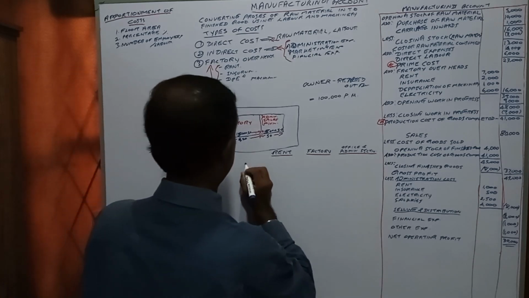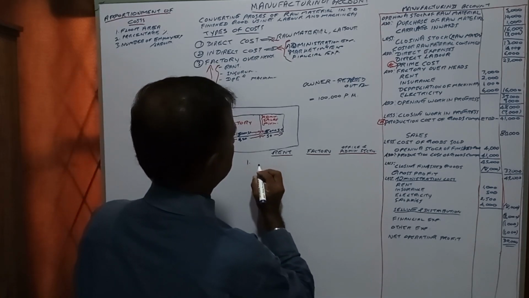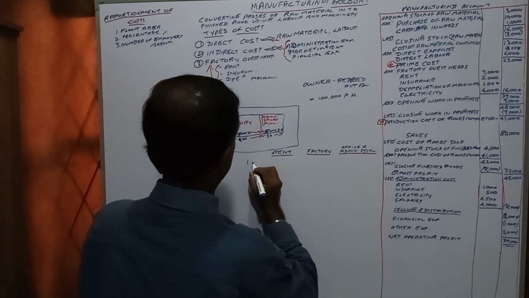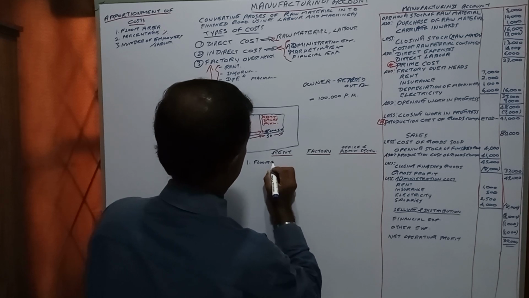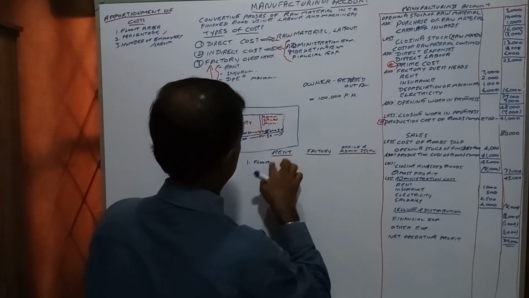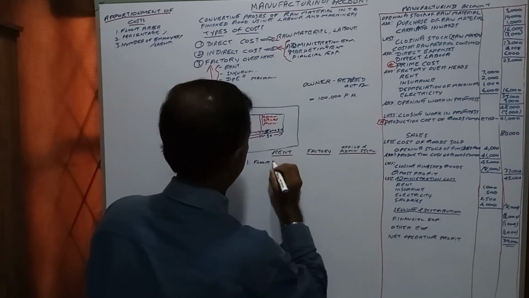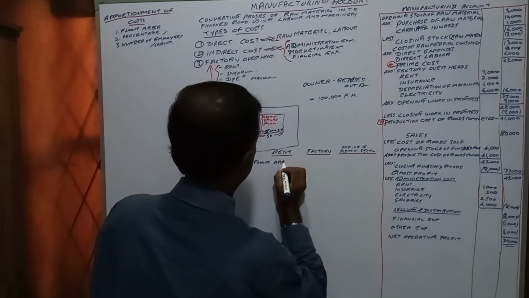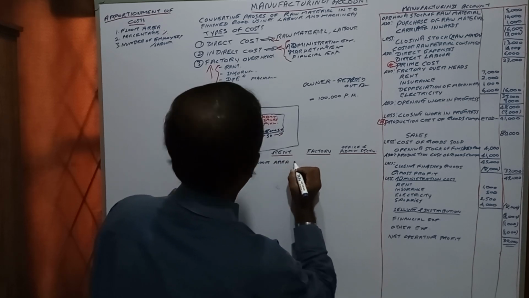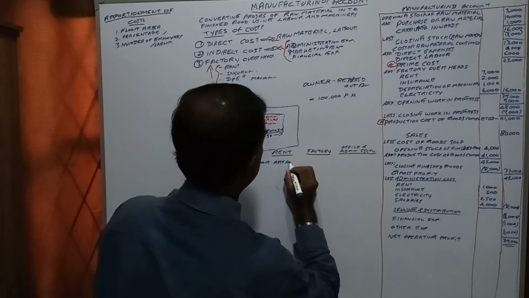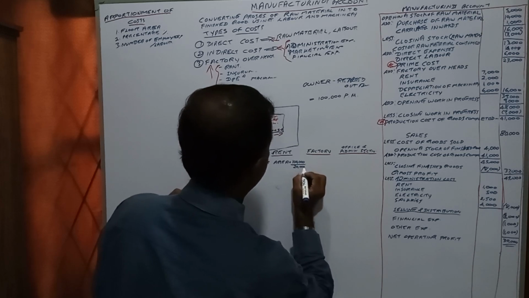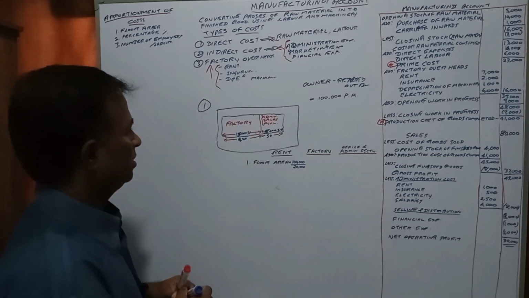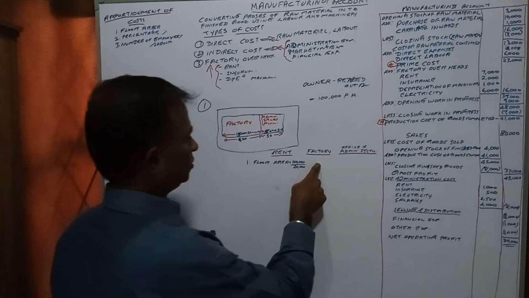Based on the first method, that means floor area: 100,000 divided by 20,000 square feet into 15,000 square feet.